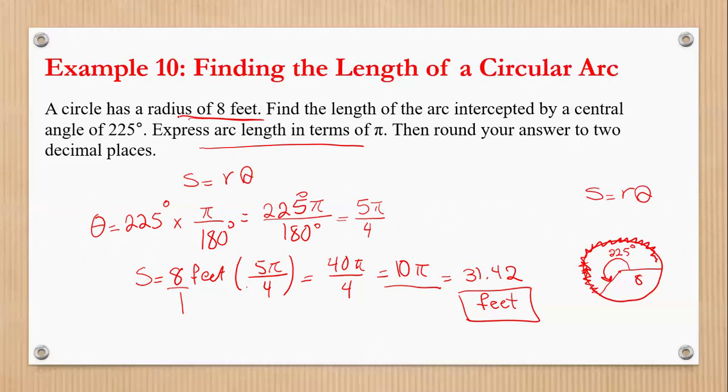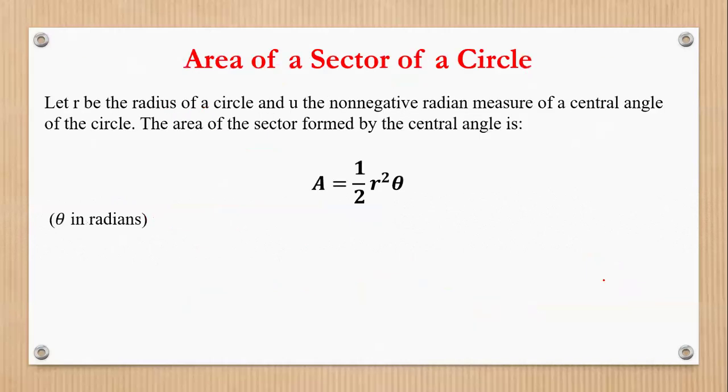So now we want to see if we have a central angle inside of a circle, like this angle. So far we learned how to find the length of this arc, which is S. Now we want to see how we can find the area of this sector.